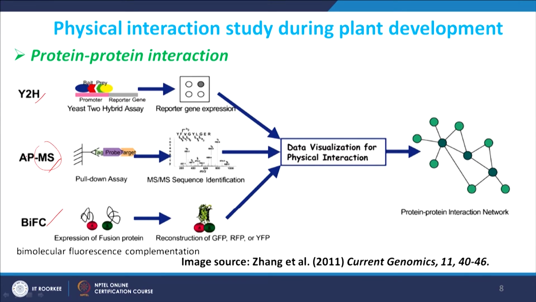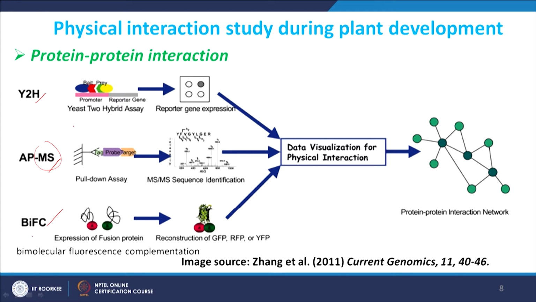In affinity purification mass spectroscopy, basically based on the affinity column, or you can have a kind of pull down, and then you pull down some proteins, and along with those proteins a lot of proteins are coming, and then they are identified through the mass spectroscopy to establish their identity and know which genes are interacting.